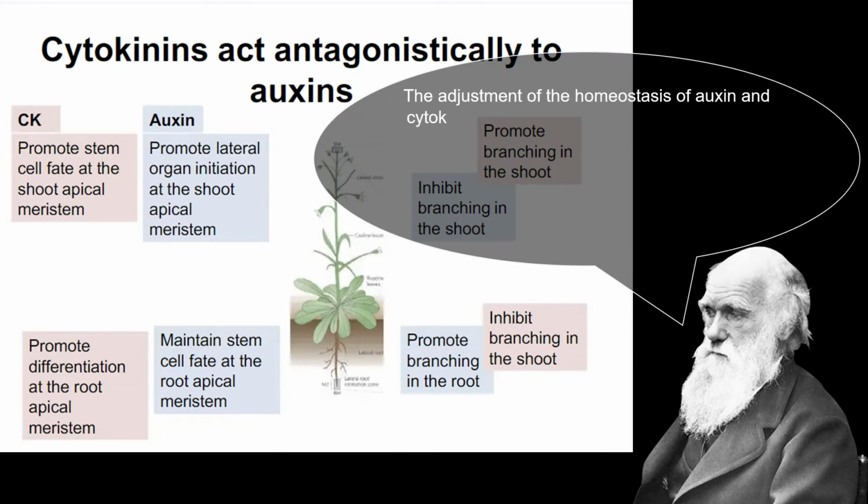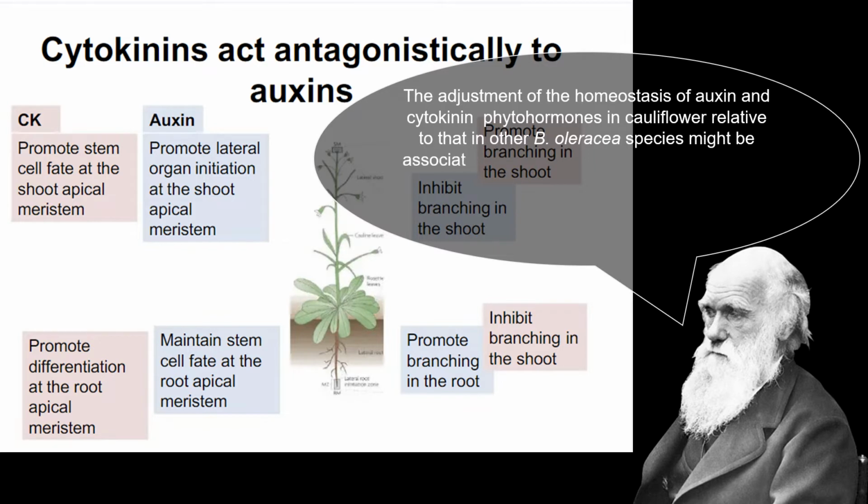The adjustment of the homeostasis of auxin and cytokinin in phytohormones in cauliflower relative to that in other B. oleracea species might be associated with the phenotypic characteristics of cauliflower, since curds are floral organs and since vegetative and reproductive growth phases oppose one another.